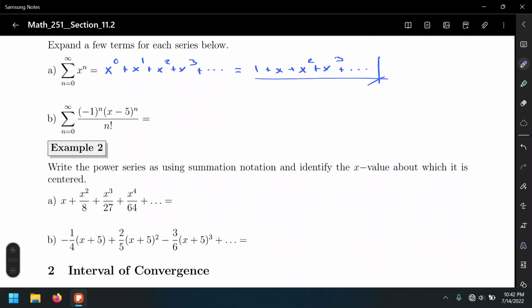For example, for letter B, we have more n's to plug in.